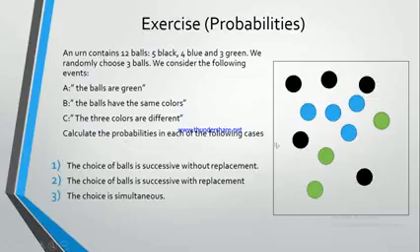So we need to calculate the 3 probabilities in each of the following cases. The choice of balls is successive without replacement, so we choose one ball after another. The choice is successive with replacement, so we choose the ball and we put the ball again in the urn, and finally the choice is simultaneous.